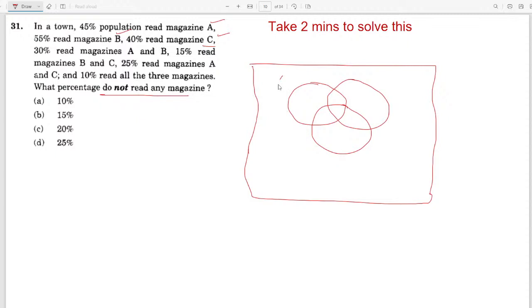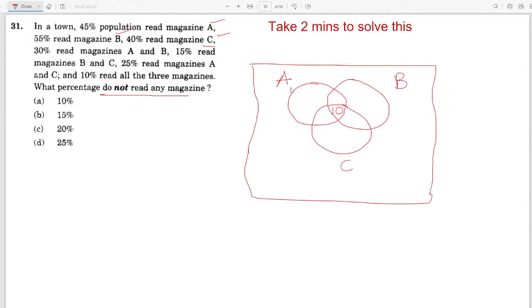And one is magazine A, one is magazine B, one is magazine C. And as I've already said, we'll start from the centermost part. So here they have said that 10% read all the three magazines. So out of the 100%, 10% read all the magazines. And then we'll go outwards.